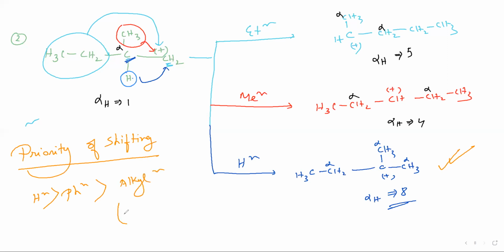In case of alkyl group, always remember, propyl group shifting is greater than ethyl group, than methyl group. That means as the number of carbon increases, shifting priority increases.